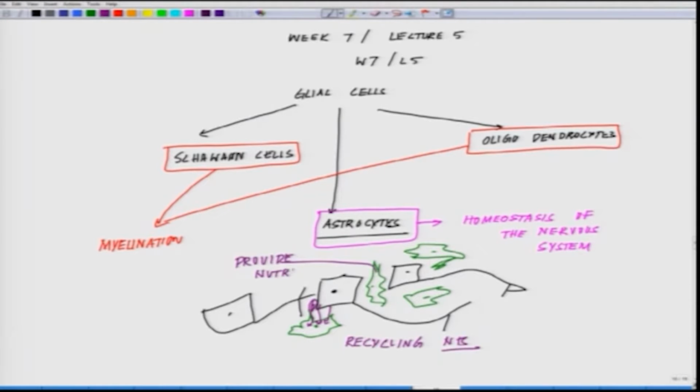They provide nutrients and maintain the homeostasis in terms of ionic level around the neurons.